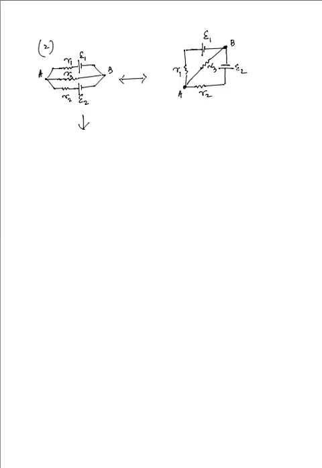Now if I simplify this, we have E equivalent, R equivalent from the previous circuit between the points A and B, and then we have a resistance R3 over here. It's completely the same thing except for an additional resistance.